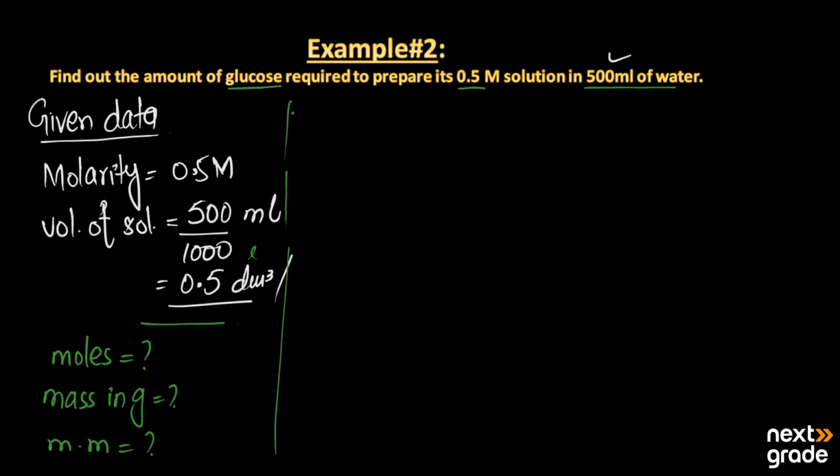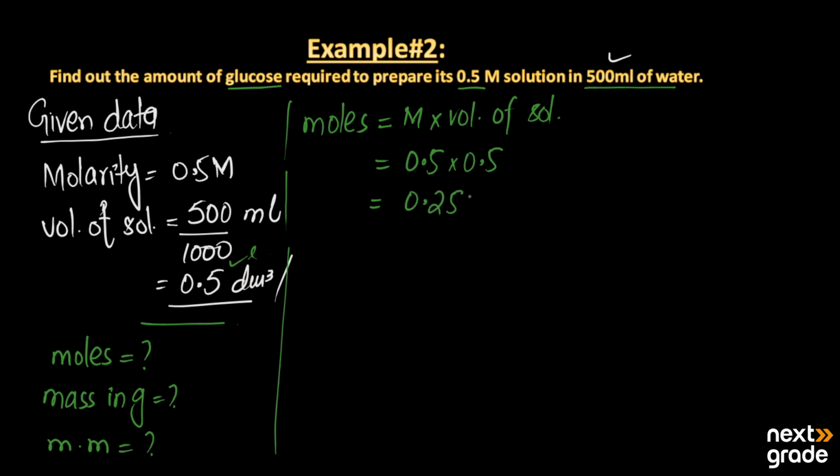First of all, we will find the moles from the molarity, and the formula for this is moles equal to molarity multiplied by volume of the solution. So here the molarity is 0.5, and the volume of solution is 0.5. So the answer we have is 0.25 moles.